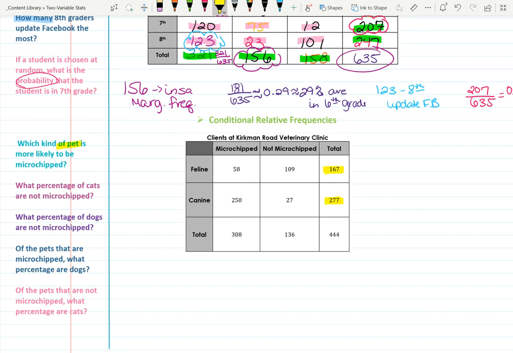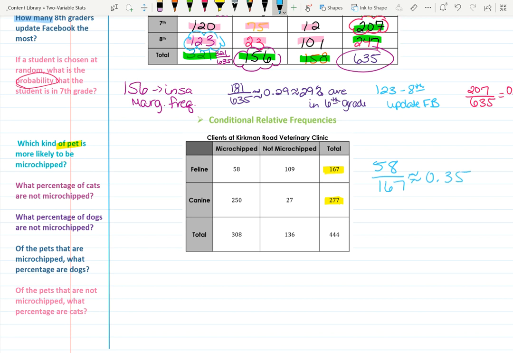So, which kind of pet is more likely to be microchipped? Well, we need to look at this because 58 felines are most likely to be microchipped, but it's 58 out of 167. So that gives me about 0.35.